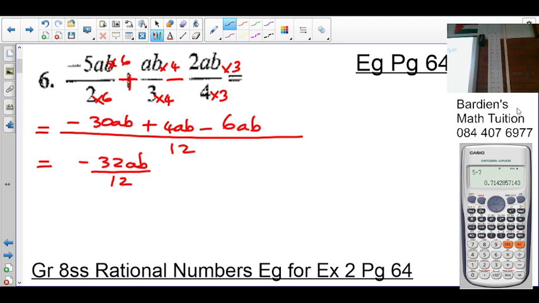Can simplify. 4 goes into 12 3 times, 4 goes into 32 8 times. So that answer is going to be negative 8ab over 3. Okay, or it can be written as 8 over 3 in the negative ab. Okay, both is acceptable.